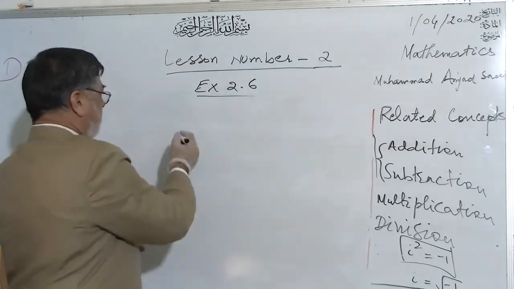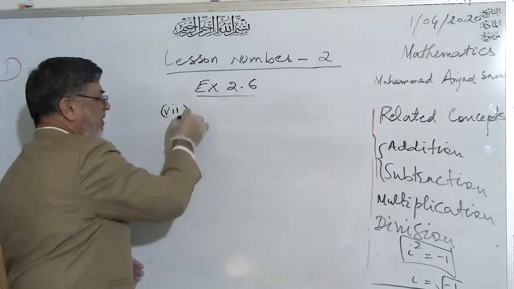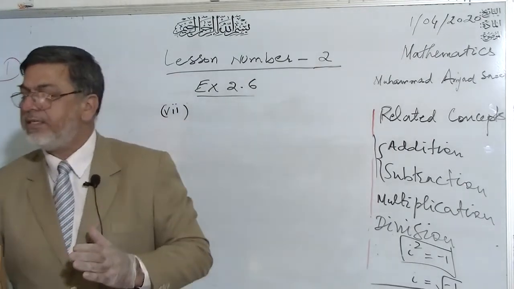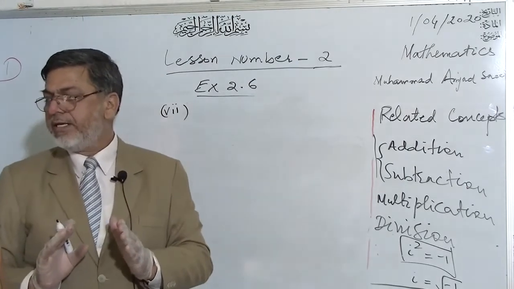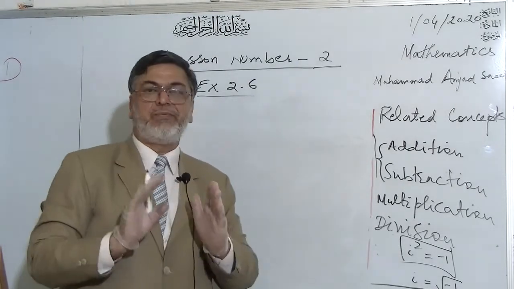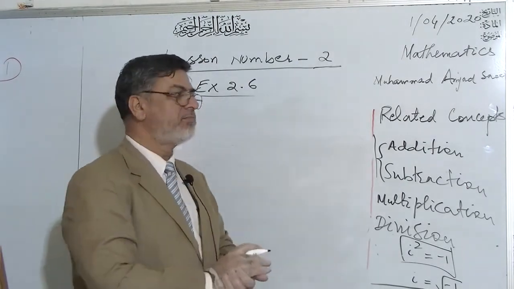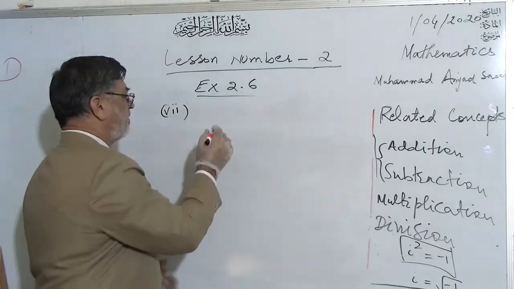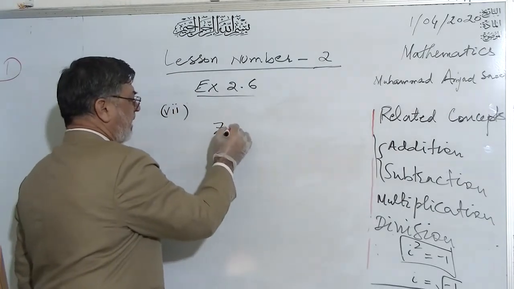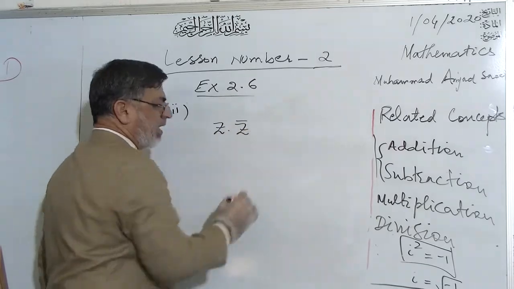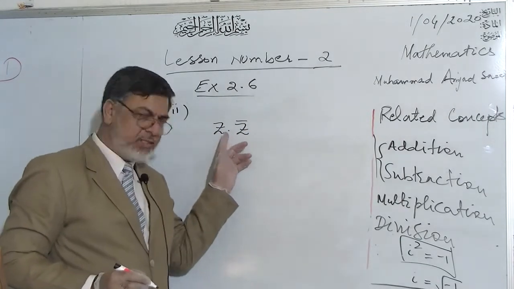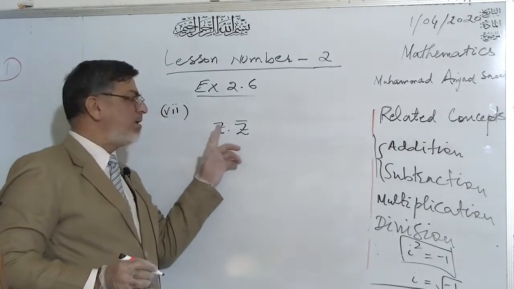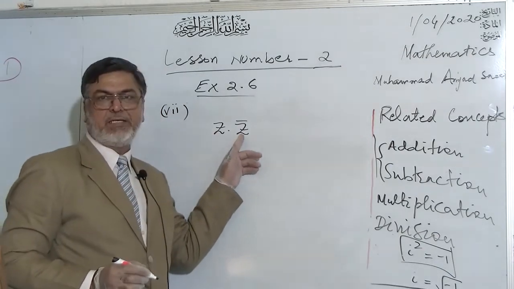What is the question? Again, I am reading this question. Product of a complex number and its conjugate is a non-negative real number. Means z into z bar. Product means multiplication. Complex number and its conjugate.